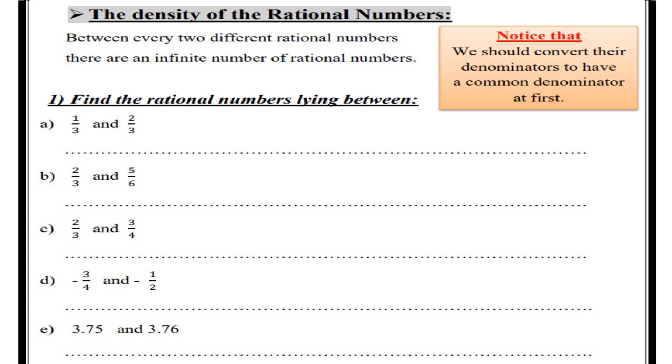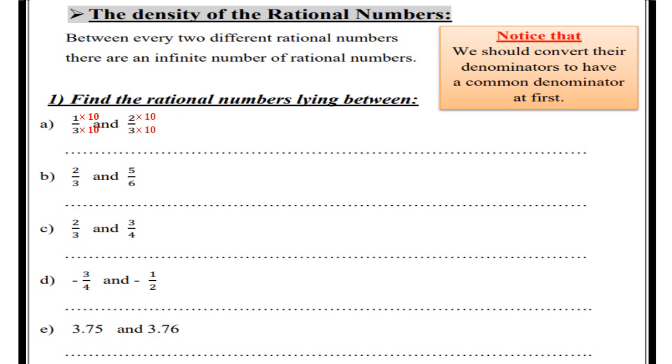Exercise. Find the rational numbers lying between A, 1 over 3 and 2 over 3. First, I have to check that both fractions have the same denominator. And then, how can I get the rational numbers lying between 1 over 3 and 2 over 3? I have to multiply each fraction by 10 up and down.